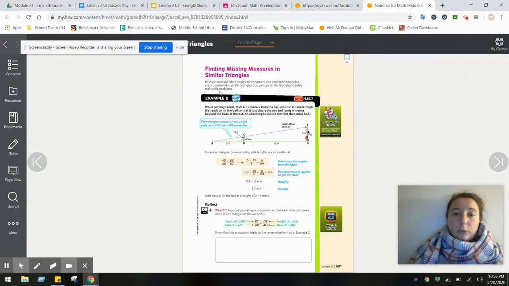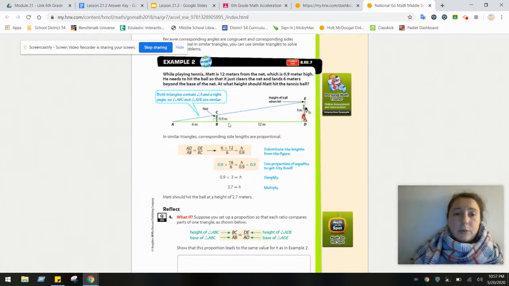Let's use what we do know in order to put this into practice, finding missing measures in similar triangles. Because corresponding angles are congruent and corresponding sides are proportional in similar triangles, you can use similar triangles to solve real-world problems. For example, here. Example 2 says, while playing tennis, Matt is 12 meters from the net, labeled here, and this net is 0.9 meters high.